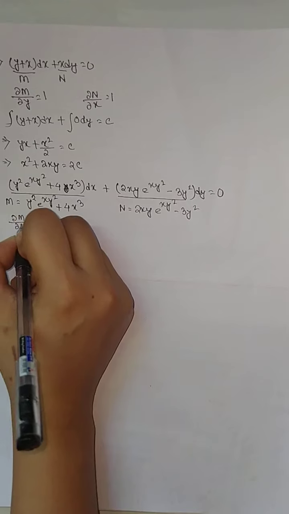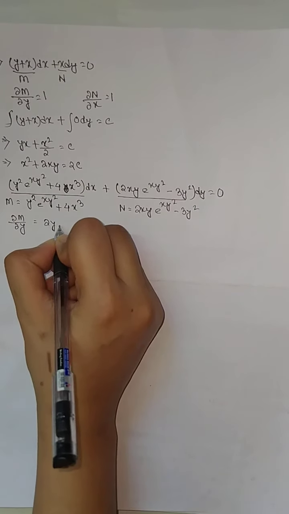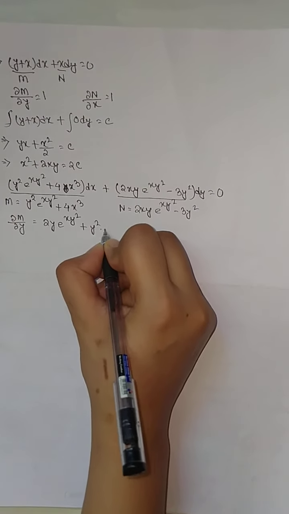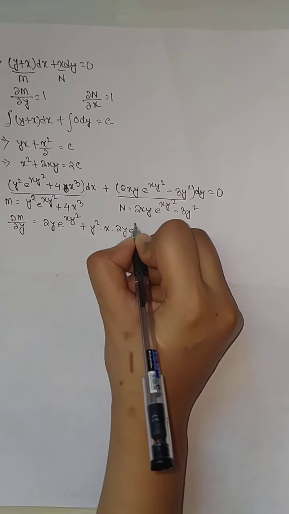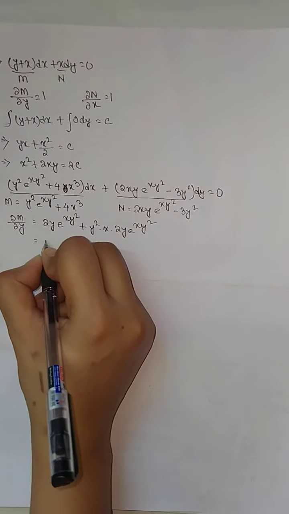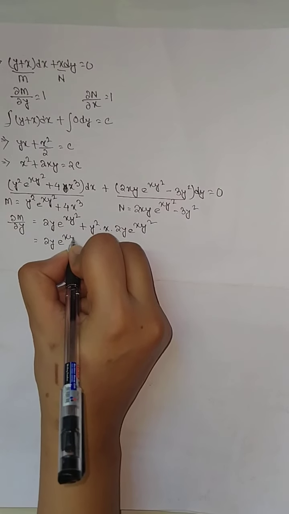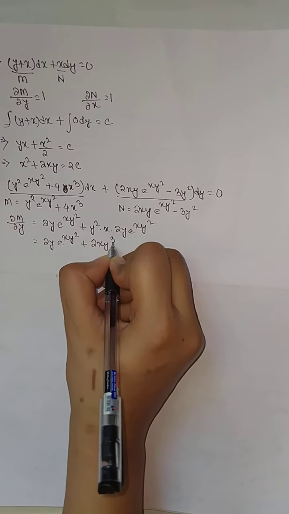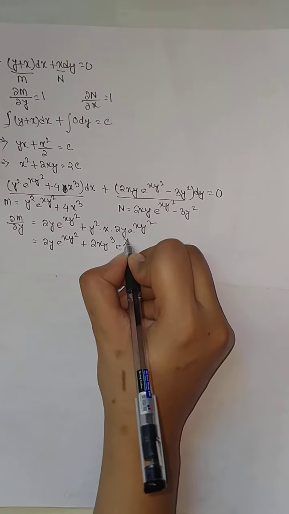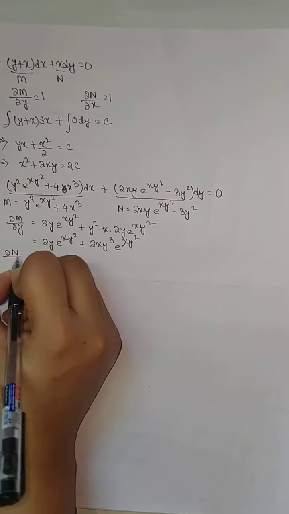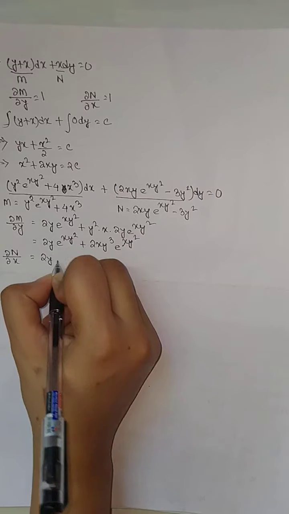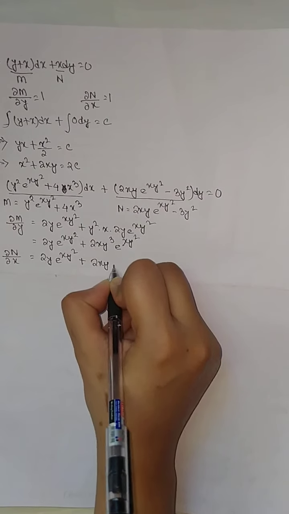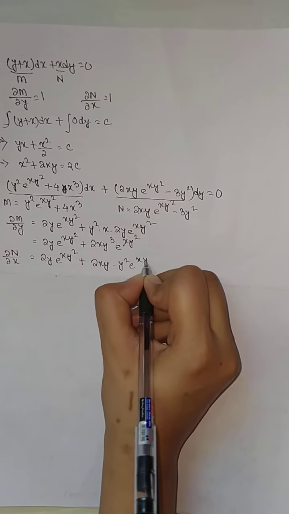So ∂M/∂y equals 2y e^(xy²) plus y² into x into 2y e^(xy²). This can be written as 2y e^(xy²) + 2xy³ e^(xy²). Now ∂N/∂x equals 2y e^(xy²) plus 2xy into y² e^(xy²).